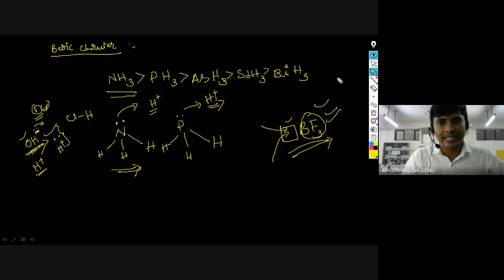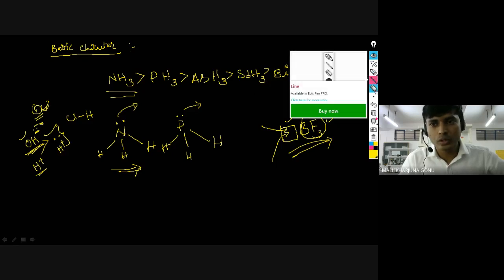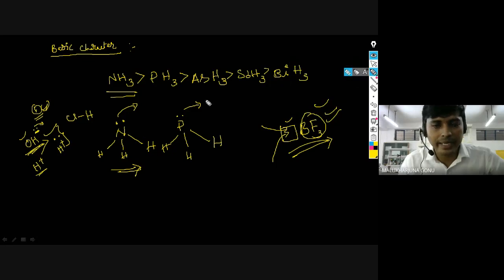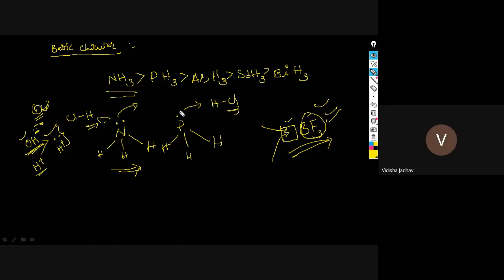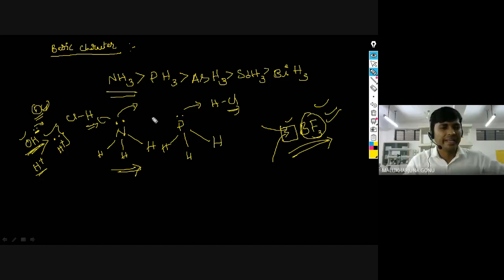I don't write H plus here, I will write HCl for both. Now, which one will abstract the proton easily from these two? NH3. NH3. Why?